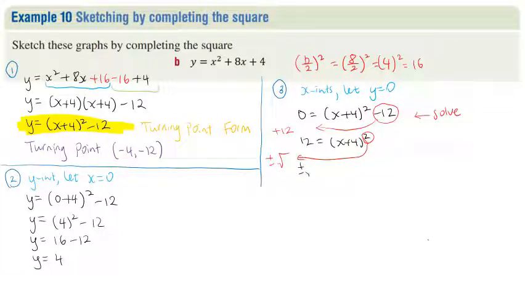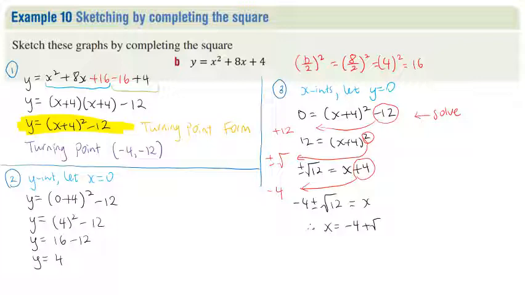So plus minus the square root of 12 equals x plus 4. And then subtract 4 over to this side. So I've got minus 4 plus minus the square root of 12 equals x. Therefore, x equals minus 4 plus the square root of 12, or x equals minus 4 minus the square root of 12.